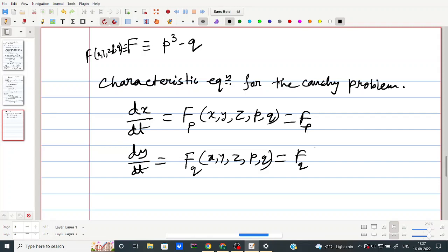Okay, so now I want to find the solution for p, x, y, z, x, y, u, p, q from this system. So let me first write the initial condition, the initial datum curve. On the datum curve we have to find a solution for p and q. So we want the initial values of p and q, right? P and q, written as an ordered pair, satisfy the following equations.